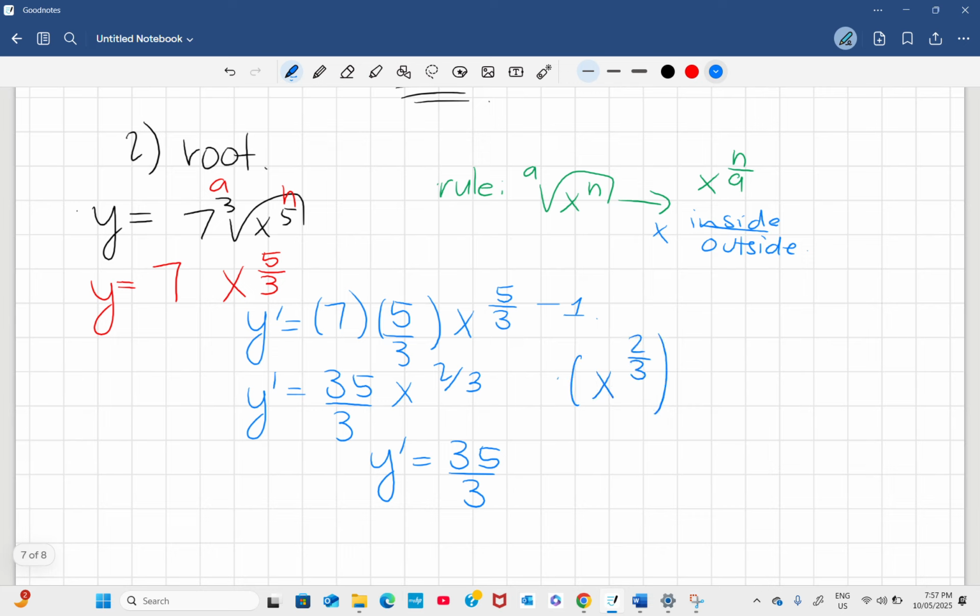So my n is 2 and my a is 3. I'm going to do inside and outside like we said before: the third root of x squared. So inside here, over outside here.